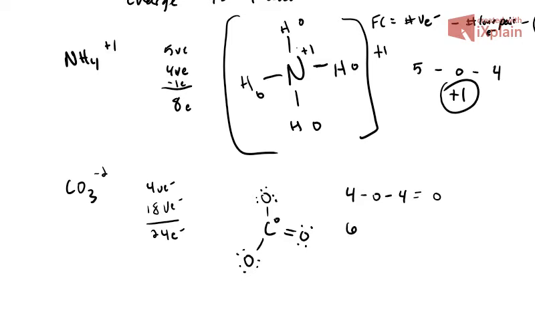It has 6 valence electrons, it has 4 lone pair electrons, and it has 4 bonded electrons divided by 2, that is 2. And so 6 minus 4 minus 2 is 0 as well. So there's no formal charge on that oxygen.